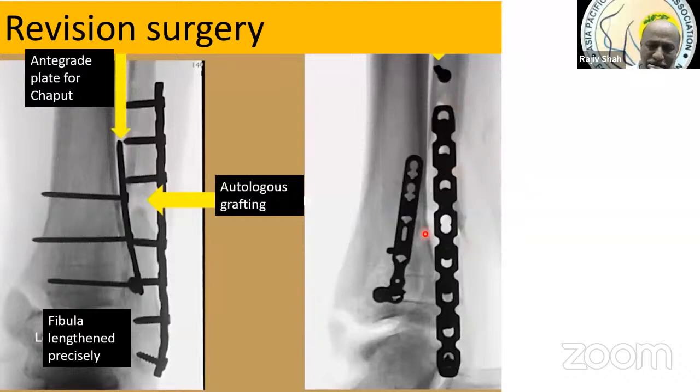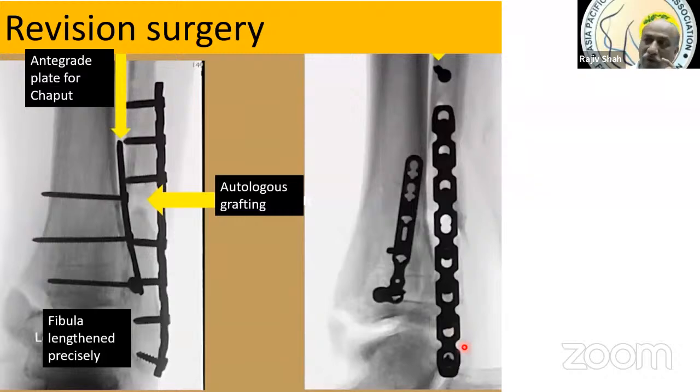The plate is fixed to the distal fragment and you temporarily hold it with a bone clamp held very loose, and then from here you distract, so you get the length, and the remaining area you fill with bone graft. This is how you do fibular lengthening.